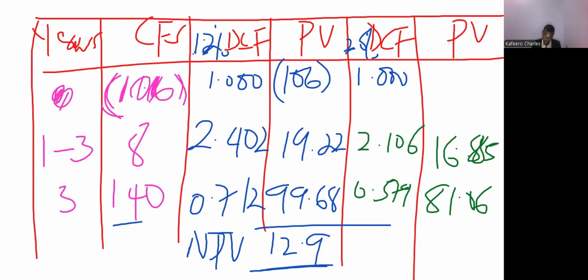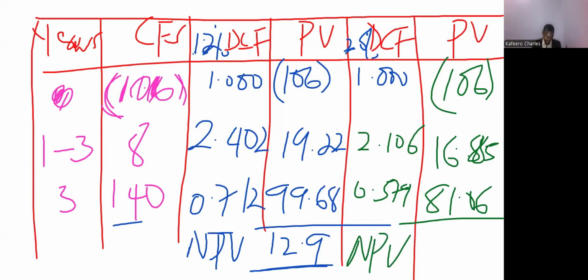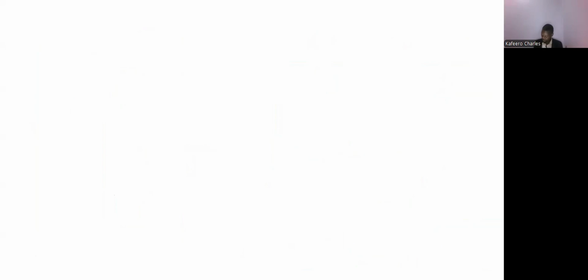Of course, this is 106. So we get our second NPV: plus the 81.06 minus the 106 is giving us a negative 8.09.